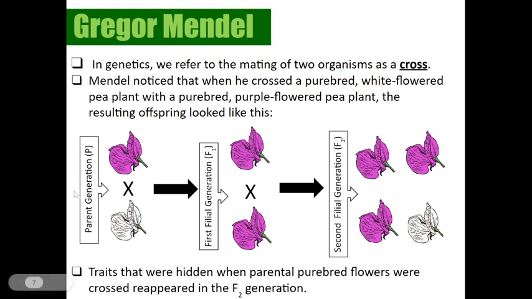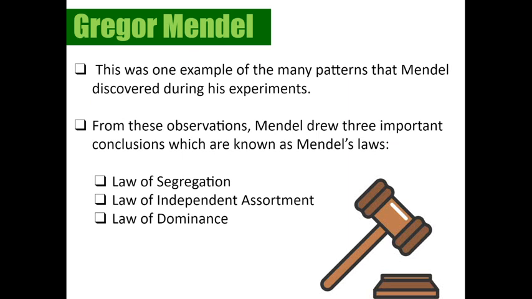Think about this as your grandparents' generation. This is your mom and dad, and then this is you guys. So, this is our second generation, and you can see that the white has reemerged. This is just one example of the many patterns that Mendel discovered during his experiments.